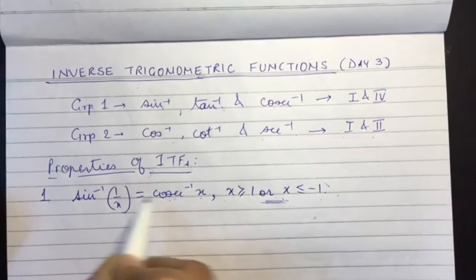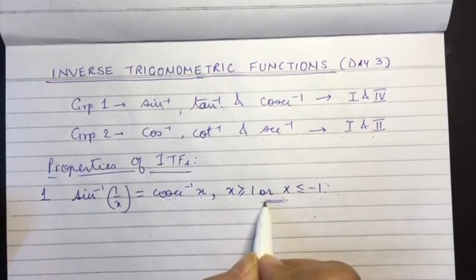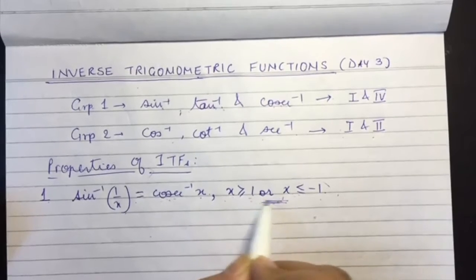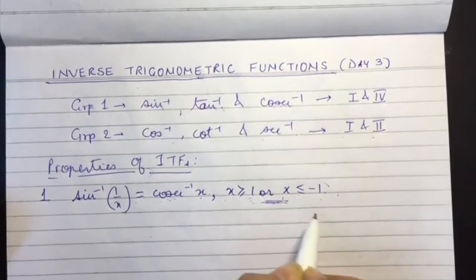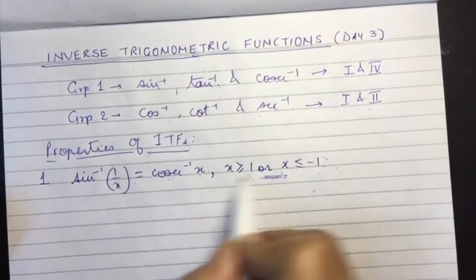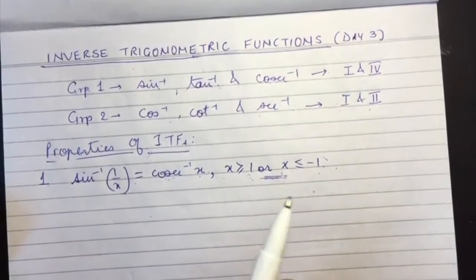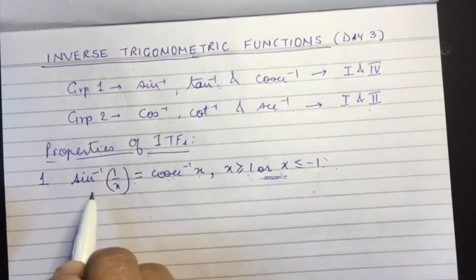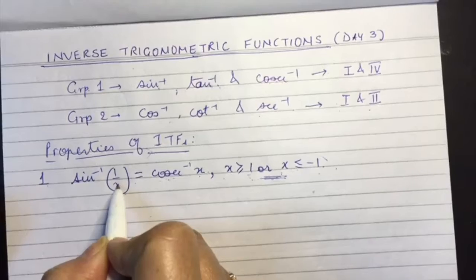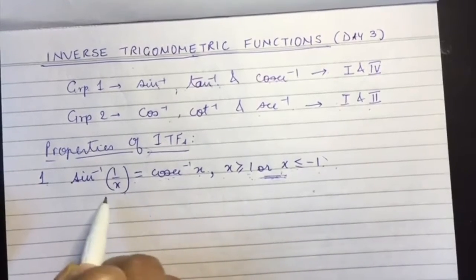So this result is valid for these values taken up by x. Similarly, the remaining results. So let's just do a quick proof of these properties so that you will understand that we are not simply taking it like that. There is a reason behind this property.